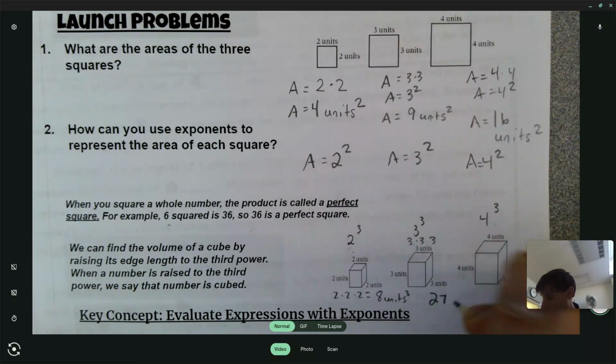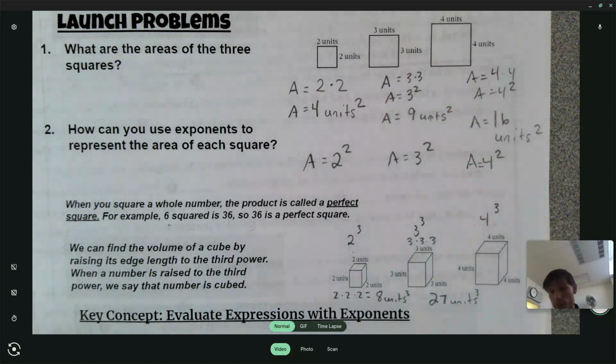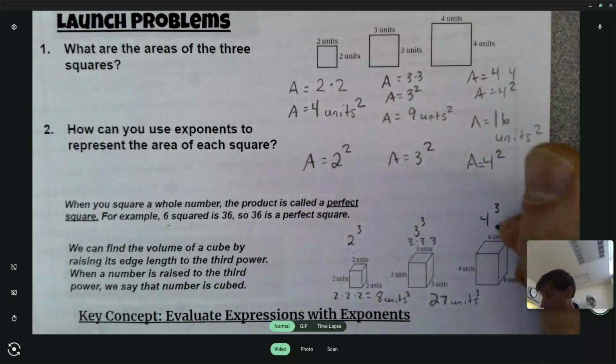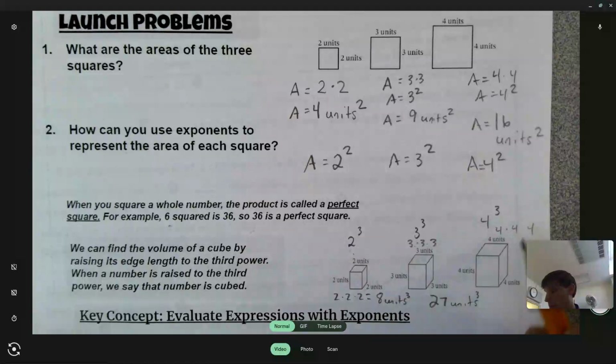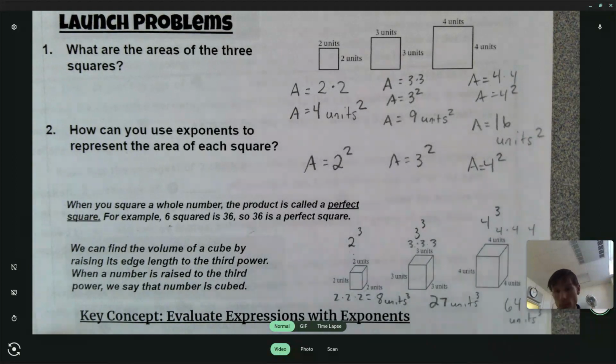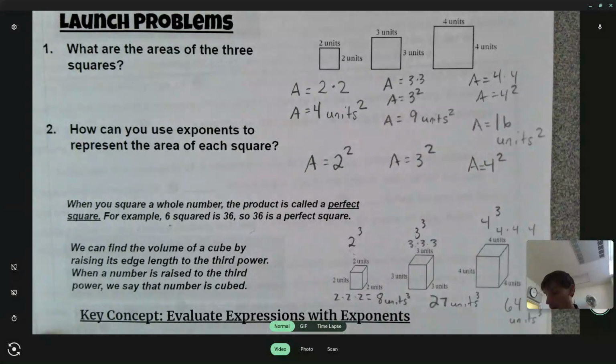So it's 27 units cubed. And our last one, 4 times 4 times 4. 4 times 4 is 16. 16 times 4 is 64. 64 units cubed.